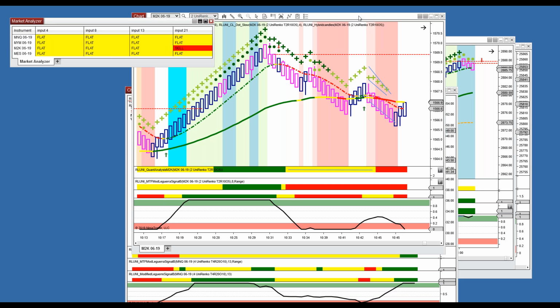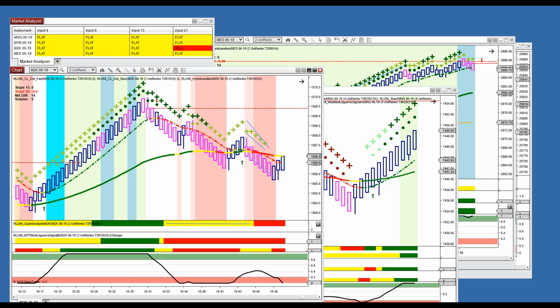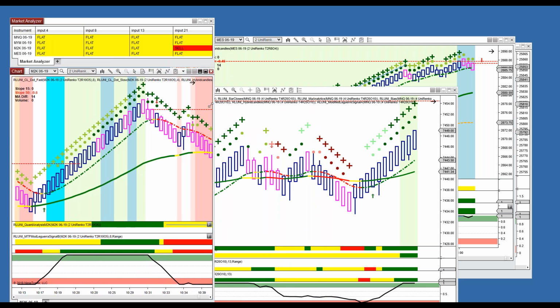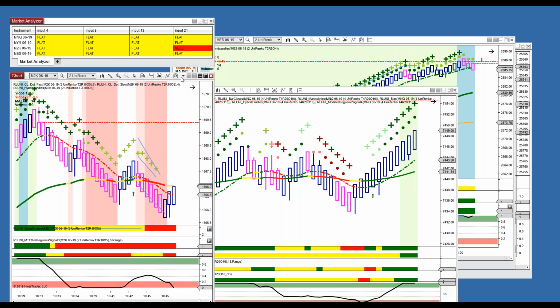And what you can do, if you want to trade it, is take the chart and put it underneath. Let me get this right.